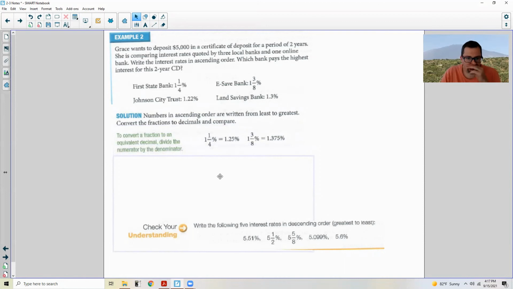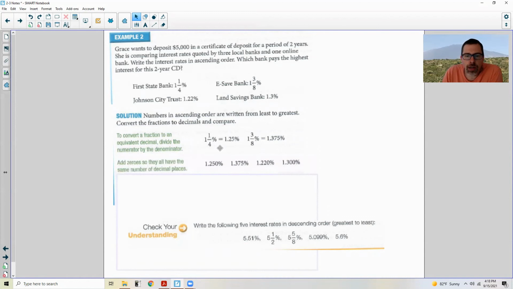So it says to convert the fraction to an equivalent decimal, divide the numerator by the denominator. Or we could say, well, 4 times 1 is 4 plus 1 is 5. 5 divided by 4 is 1.25. 8 times 1 is 8 times 3 is, or plus 3 is 11. 11 divided by 3 is 1.375 and so on. And 1.250 is 1 1/4.